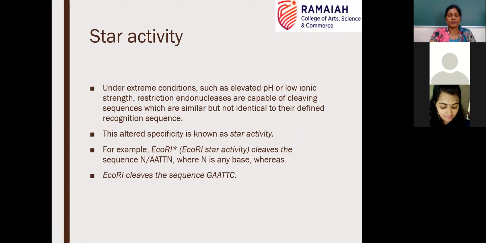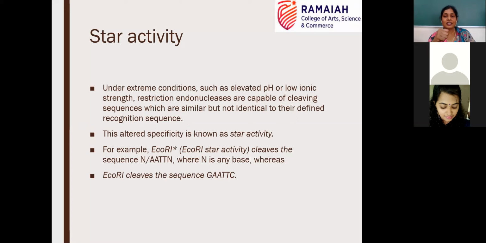The last point to mention in today's class is what is star activity. Star activity is nothing but the reduced specificity of restriction endonucleases. What is this reduced specificity? Under certain suboptimal conditions like extreme conditions such as high pH, meaning elevated pH, or low ionic strength, these restriction endonucleases are capable of cleaving sequences which are similar but not identical to their defined recognition sequence.